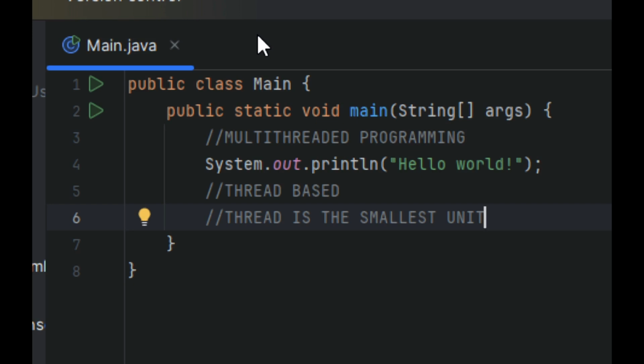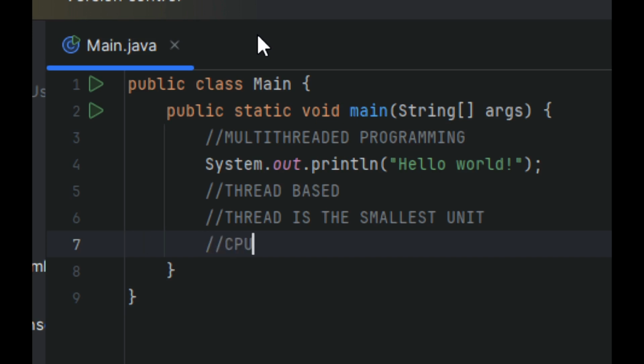Okay, now multitasking enables us as programmers to make maximum use of the processing power that is available in the system. And multithreading is actually able to achieve this by reducing the CPU idle time.